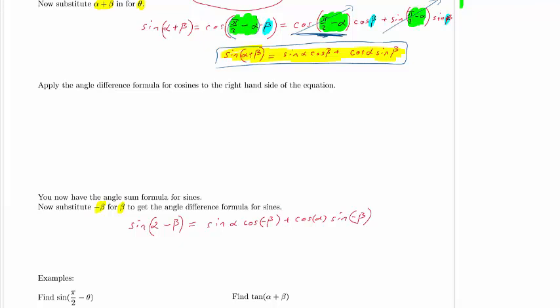So we note right here, cosine of negative beta is simply the same thing as cosine beta, and sine of negative beta is the same as negative sine beta. So this is going to become sine alpha cosine beta minus cosine alpha sine beta. And that is the angle difference formula.